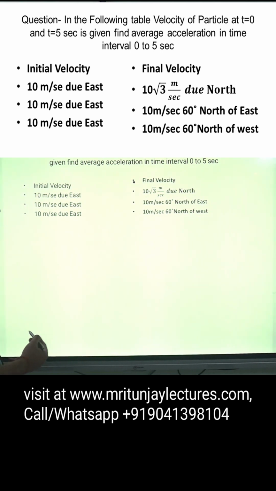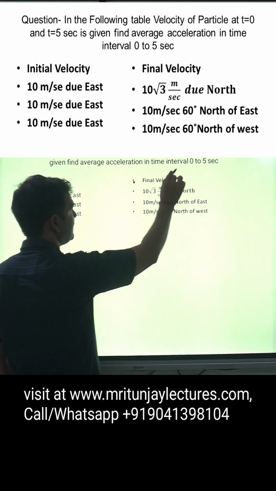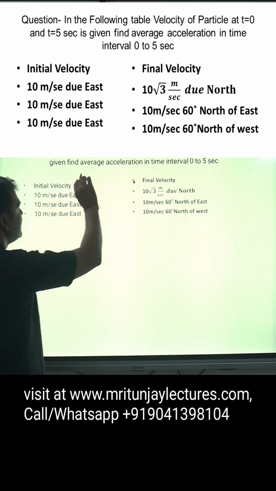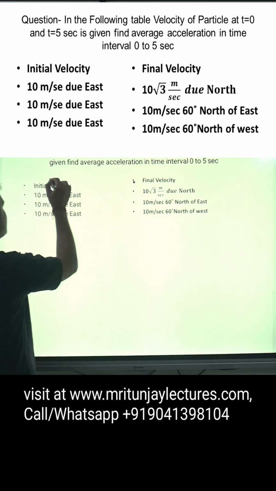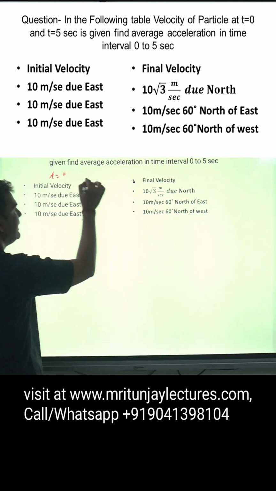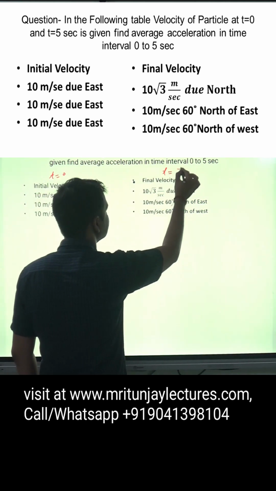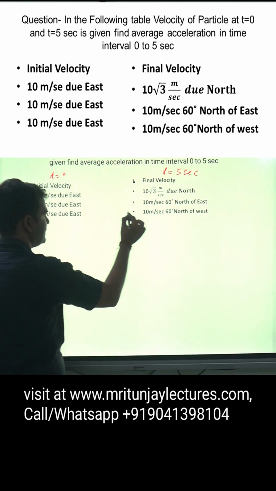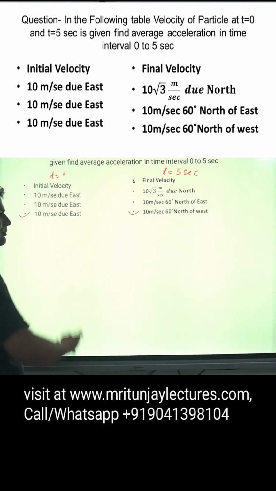Now, the corresponding question in the following table: velocity of particle at t is equal to 0 and t is equal to 5 seconds. Given t is equal to 0 and t is equal to 5 seconds. Our motto is that part; the upper two parts are already completed.